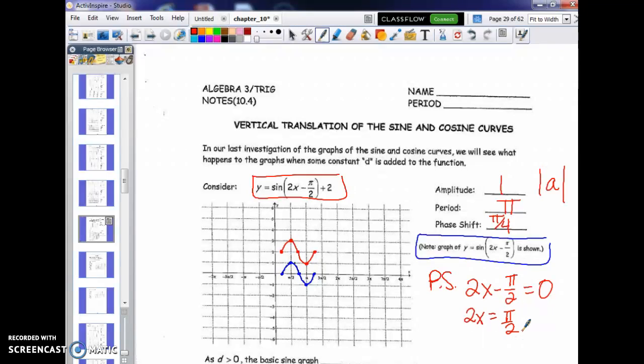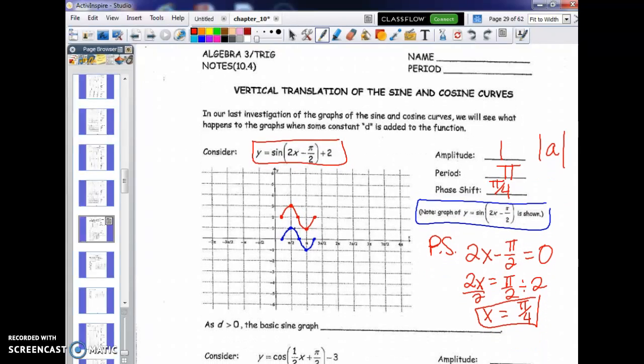Divide both sides by 2. We get x equals pi over 2 divided by 2, which is the same thing as pi over 2 times 1 over 2, which gives me pi over 4. So mathematically, besides the equation, I could have also determined the phase shift from the picture.